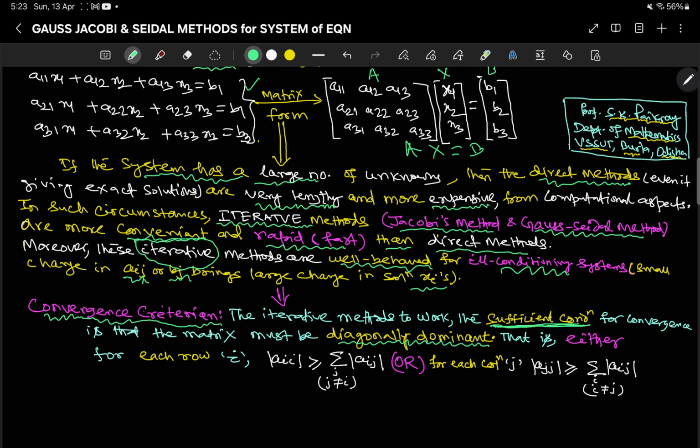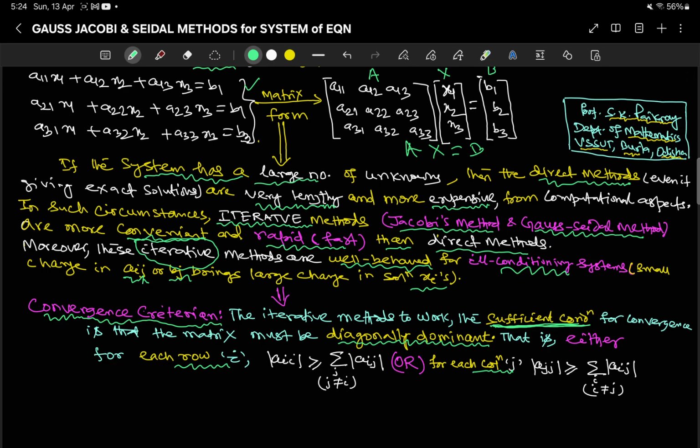That means, if you think row-wise, for each row the absolute value of the diagonal element should be greater than or equal to the sum of the other elements in that row. Similarly for columns. If either one of these two conditions holds, then the methods will converge.